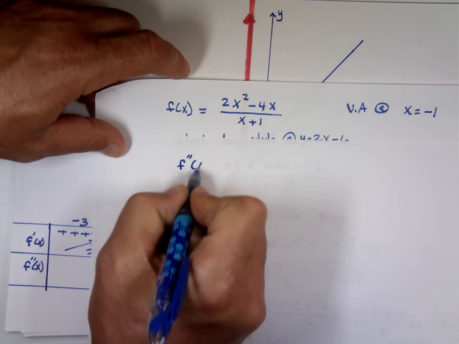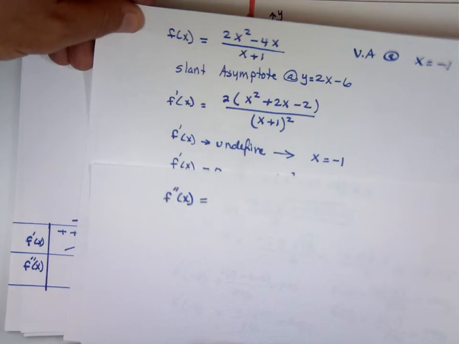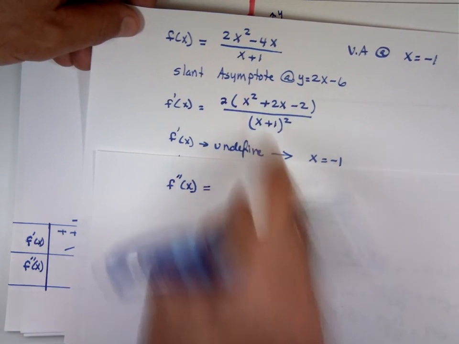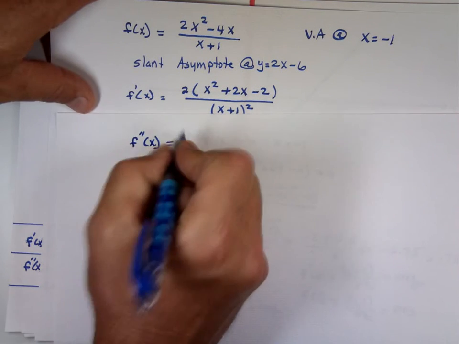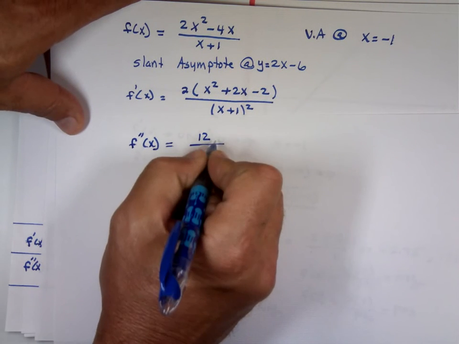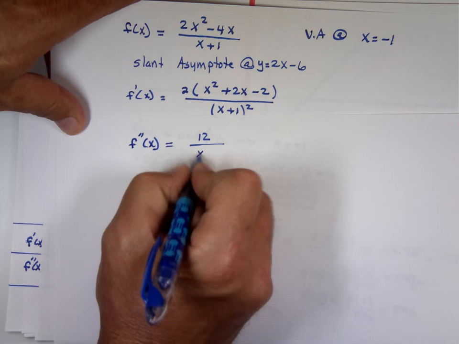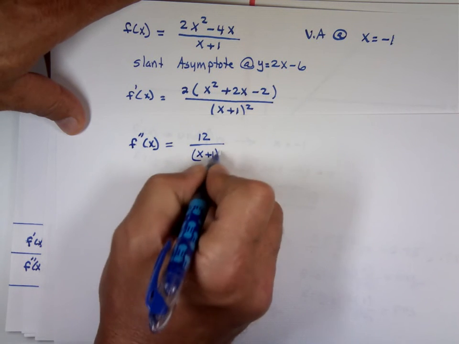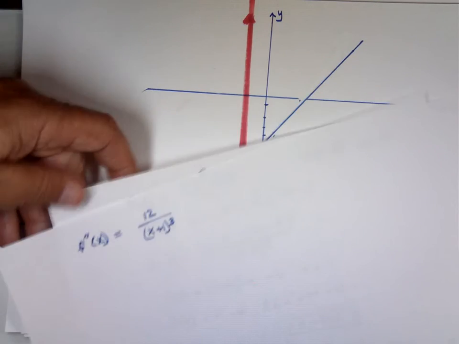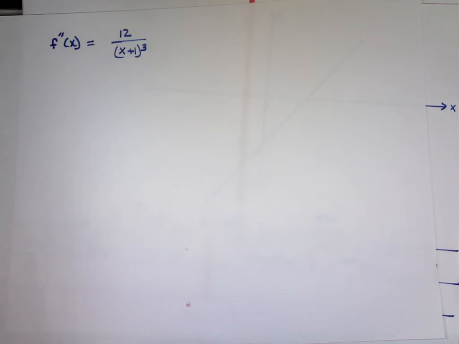After you take the derivative of this using the quotient rule and simplify your answer, magically it becomes 12 over x plus 1 cubed. Beautiful. That's my second derivative.